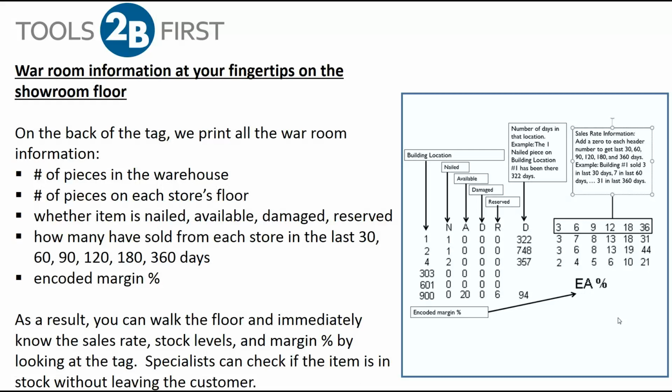And then you can also put in encoded margin percent, where the letter E stands for a certain number, letter A stands for a certain number, or you could actually put the margin there and put 2 random digits on the front and back of that, so it's more difficult to decode what the actual margin is.